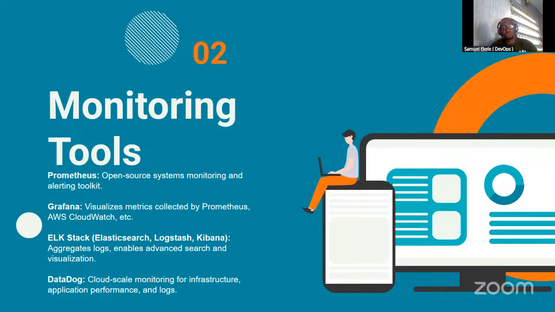Unlike your Prometheus stack, you still need something like Promtail to collect your logs, and then you store them in something like Loki. Loki stores your logs. Something that acts like an agent collects your logs and stores them in Loki, and you connect your Grafana to Loki.